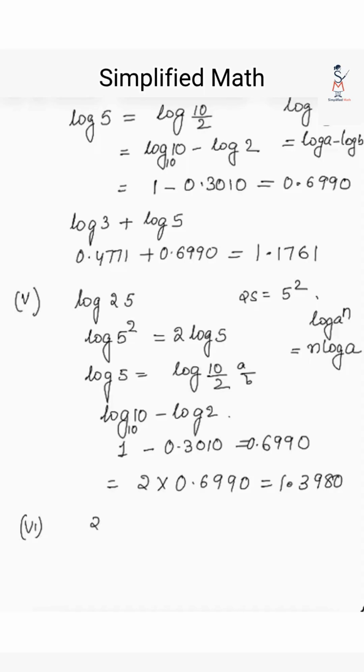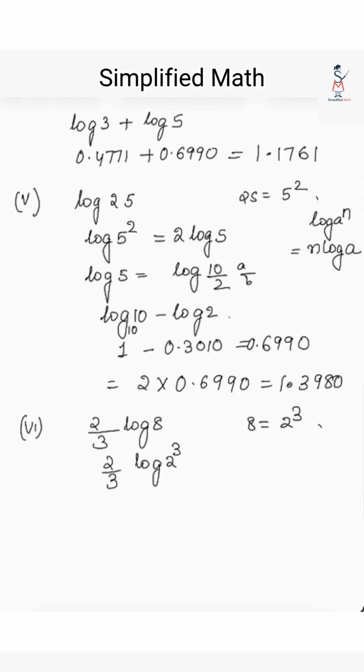Now we will see the sixth one. The sixth one is 2 by 3 log 8. Now 8 is 2 raised to the power 3. So this can be written as 2 by 3 log 2 raised to the power 3. We know log A raised to the power n is n log A. So this 2 by 3 will be written as it is, and the 3 will come in front of log 2, right?